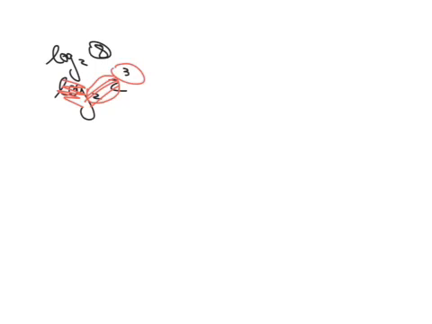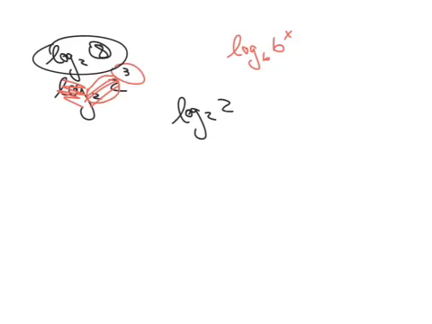And that is from the second special identity, the log base b of b to the x. So when I took that 8 and wrote it as 2 cubed, it's in this format, and when it's in that format, it equals x, or that exponent up there.